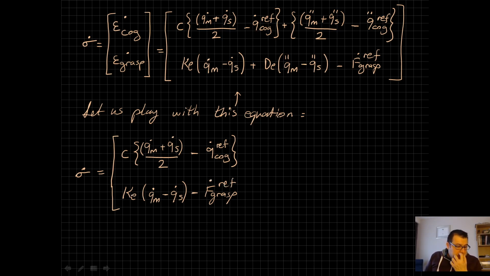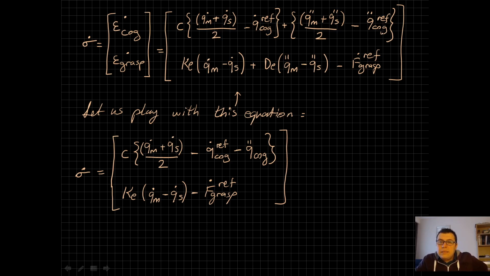I think there's a forgotten item here. It's the second order derivative. Let me erase this part and add here. So minus Q COG double dot. Okay, so what I did was just taking this item and that item, and leaving the acceleration terms alone on the other side of the equation.